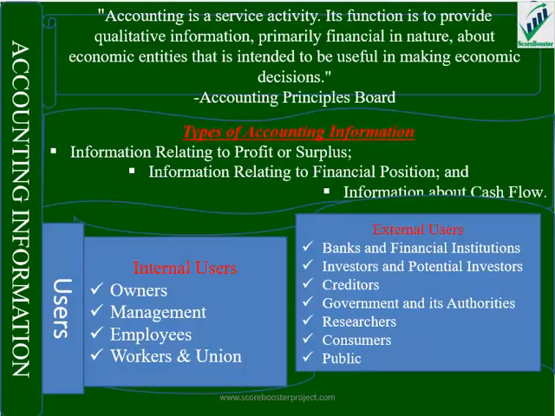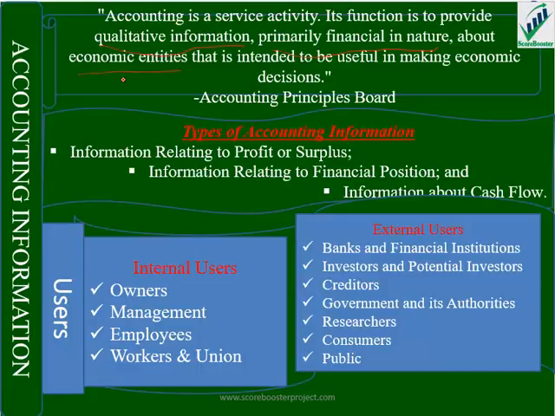Now let's quickly look at accounting information. We have been talking about this. Accounting is to provide information to the users. According to the Accounting Principles Board, accounting is a service activity. Its function is to provide qualitative, please take note of this, qualitative information, primarily financial in nature, about the economic entity.